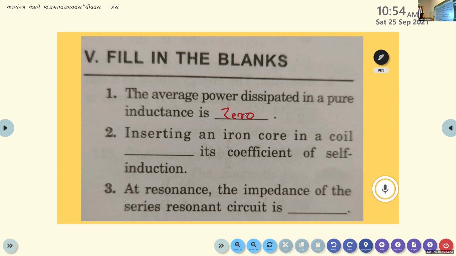Actually, the second question is not from this chapter. It is from electromagnetic induction. Inserting an iron core in a coil, dash its coefficient of self-induction. Increase or decrease?